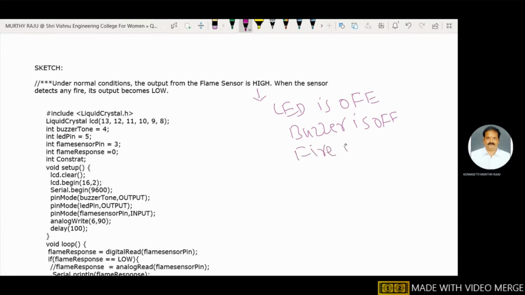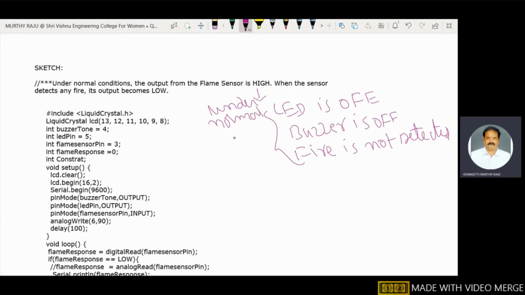Fire is not detected under normal conditions. Under normal condition, the data pin output is high.